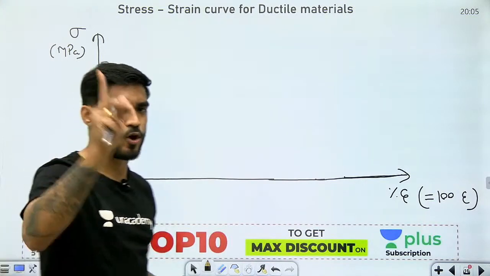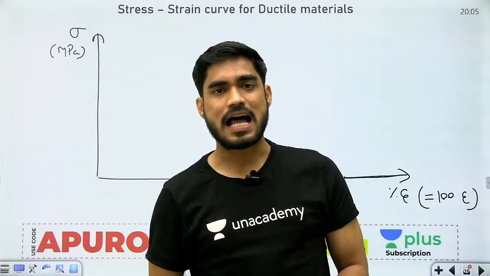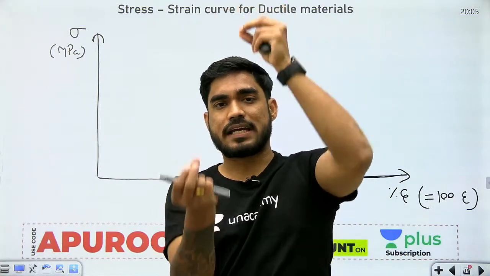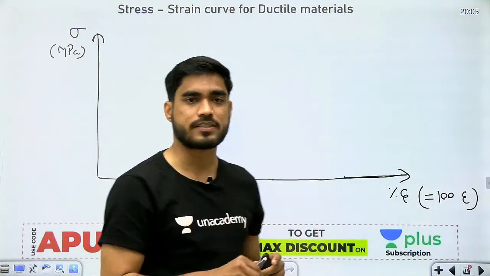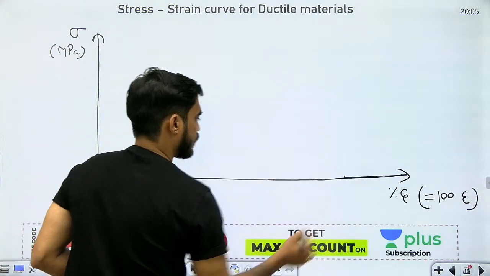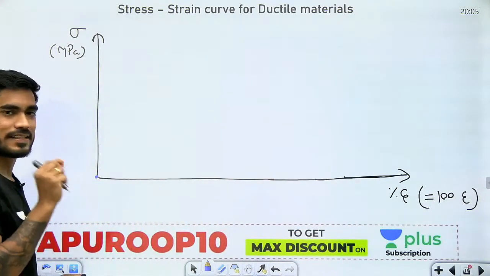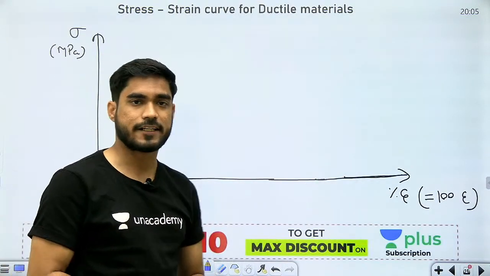Okay, now let's start drawing the stress strain curve. So understand the process. We have made the specimen of the material. Now we are applying the load. We start increasing the load from 0. So at 0 load, the stress will be 0, the strain will be 0, right?